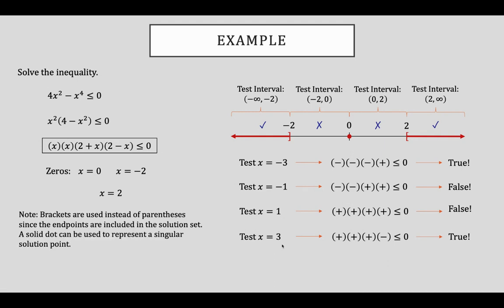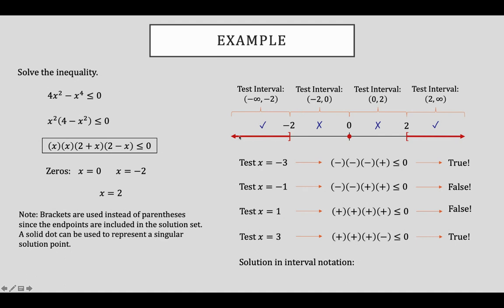What about our answer using interval notation? Oh, real quick, brackets are used instead of parentheses since the endpoints are included in the solution set. A solid dot can be used to represent a singular solution point. And so what's our answer going to look like in interval notation? Well, again, we always want to go from left to right, our lesser numbers to our greater numbers.